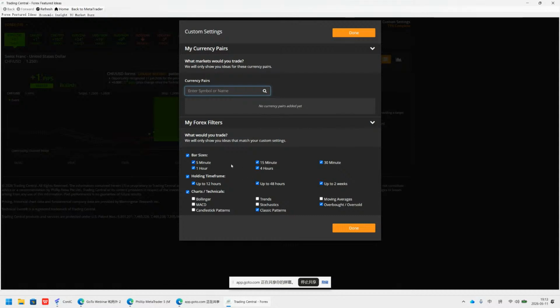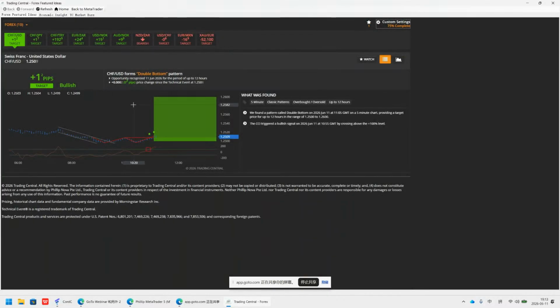We can also choose different bar sizes and holding periods, as well as classical charts and technicals we like. For example, I will just choose all bar sizes and all holding time frames, and also classical patterns and overbought, oversold as the events of my interest. We click done, then we return to the home page.